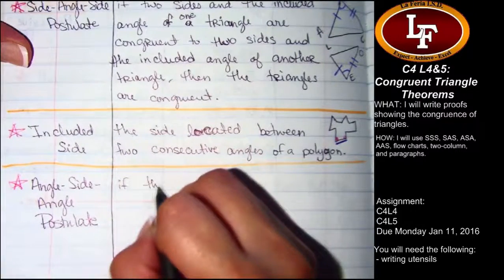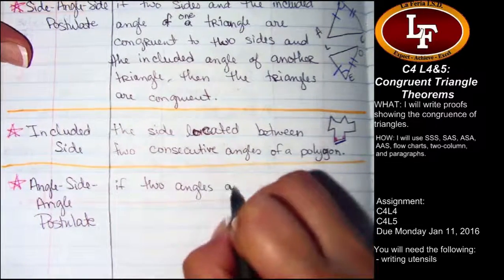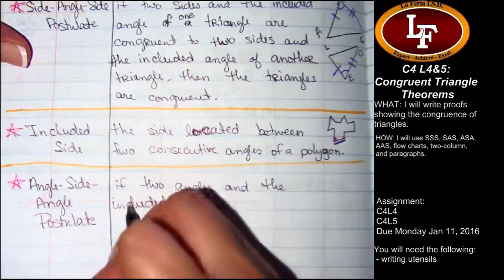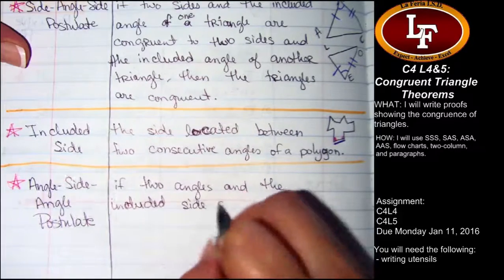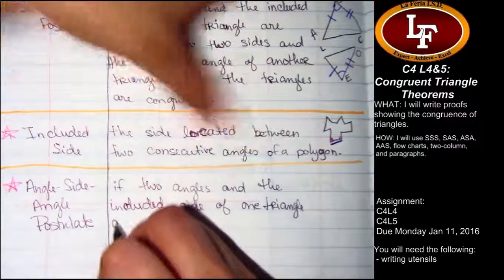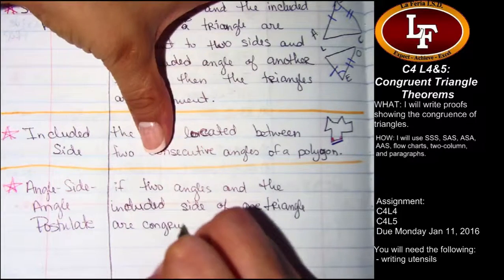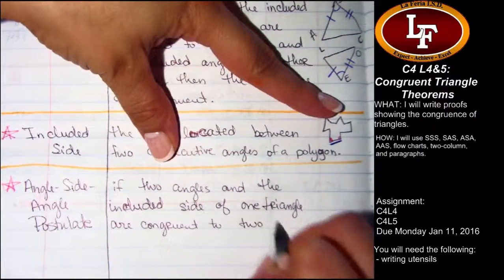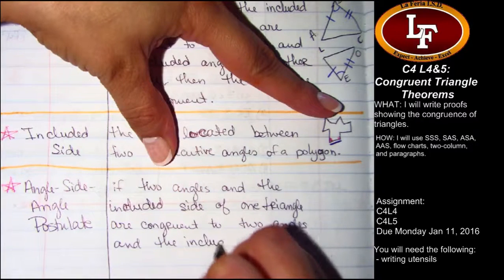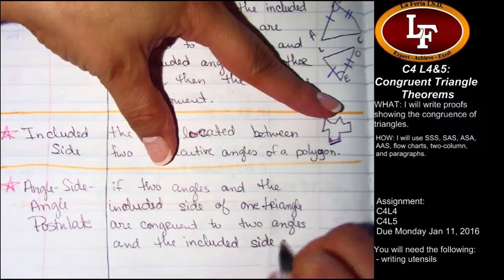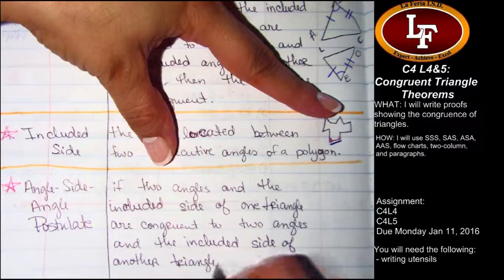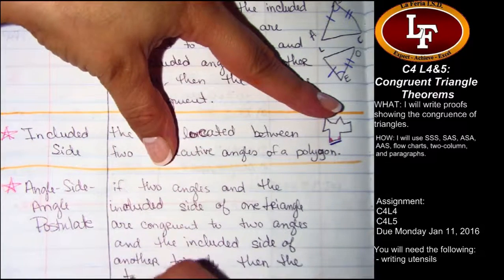Which says if two angles and the included side of one triangle are congruent to two angles and the included side of another triangle, then the triangles are congruent.